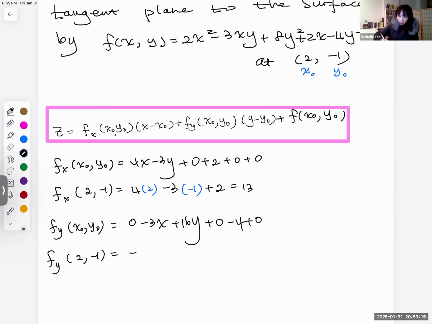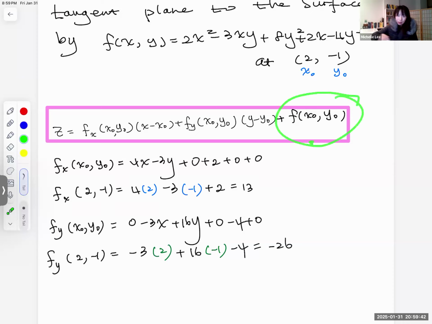So negative 3 times 2, plus 16 times negative 1, and minus 4. Can you please calculate? Negative 26. Excellent.